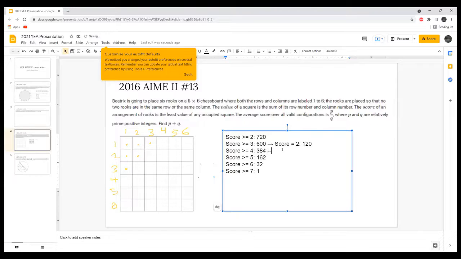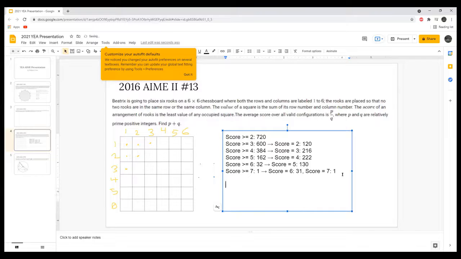And then we just do the same for the rest. So I'm just going to check if they add up correctly. They add up to 720 as expected.